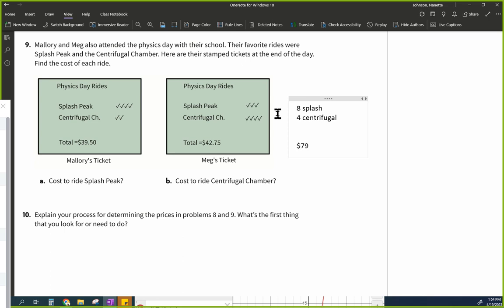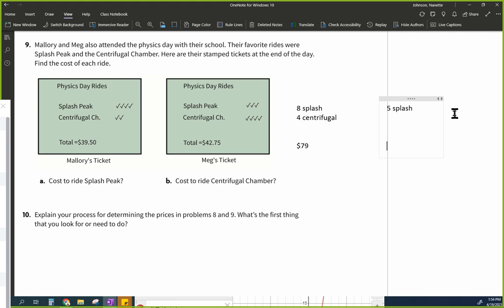So now I can play with these two and understand, oh, these are the same. I can basically subtract these. I can subtract this ticket from this ticket, and the centrifugal would be gone, and I'd have 5 splash peaks.